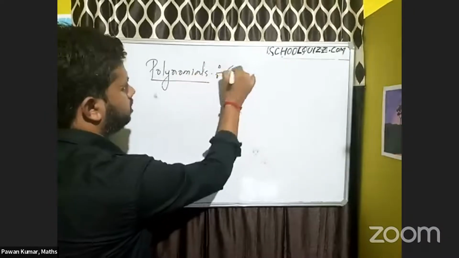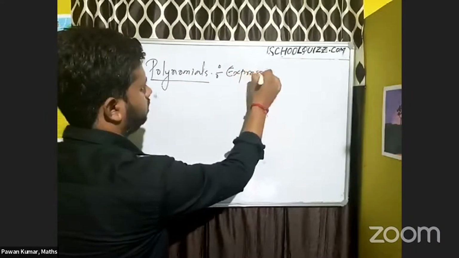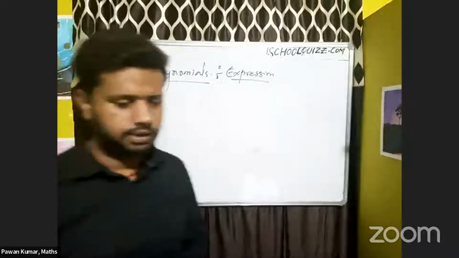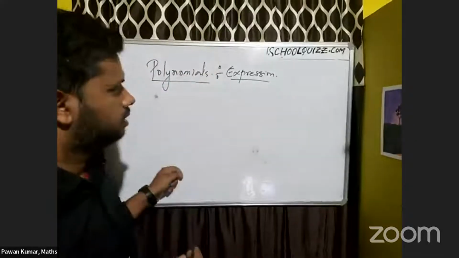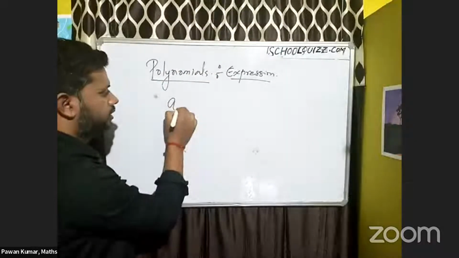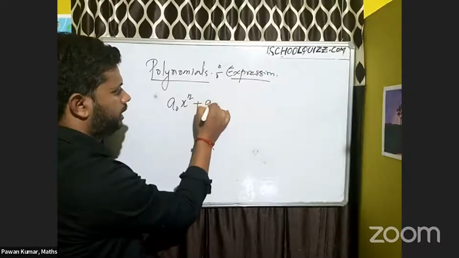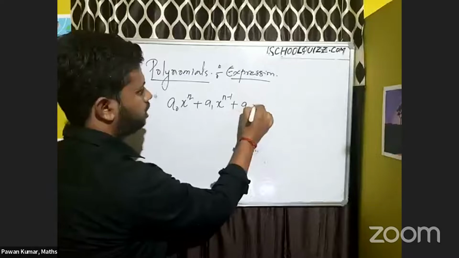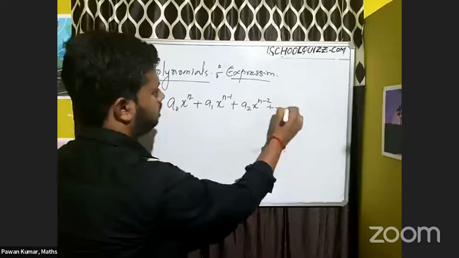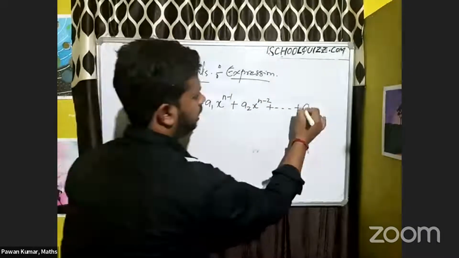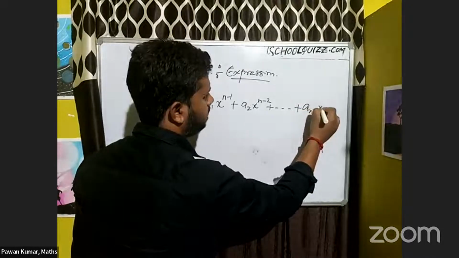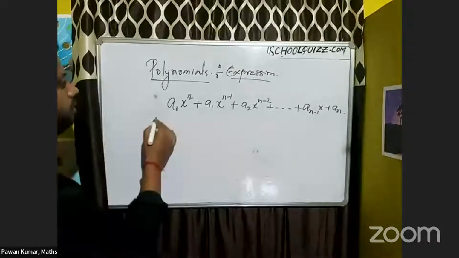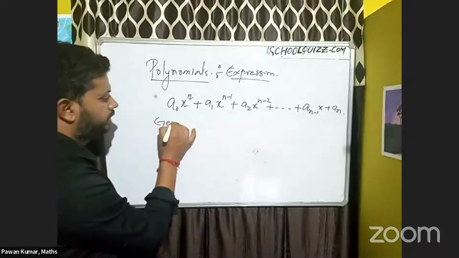This is an expression of one variable, where, let it be a naught x to the power n plus a1 x to the power n minus 1, a2 x to the power n minus 2, and that will go on like a n minus 1 x plus a n. So this is the general form of polynomials.